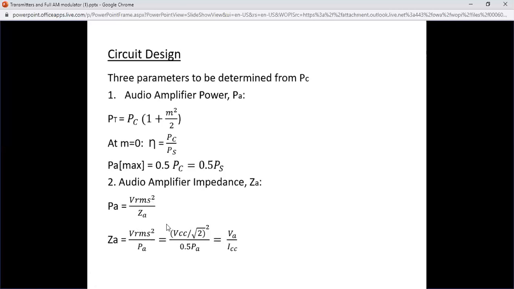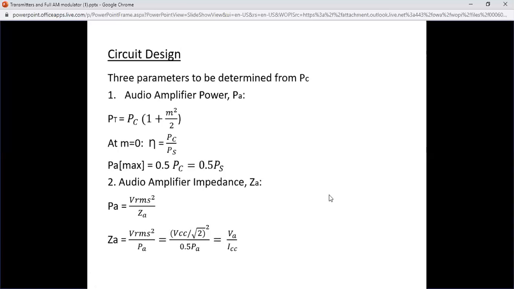Assuming a 1-to-1 ratio, the voltage is equal to EC plus EM cosine omega mt. So at m equal to 1, EC is equal to VCC, and therefore EM is equal to VCC.